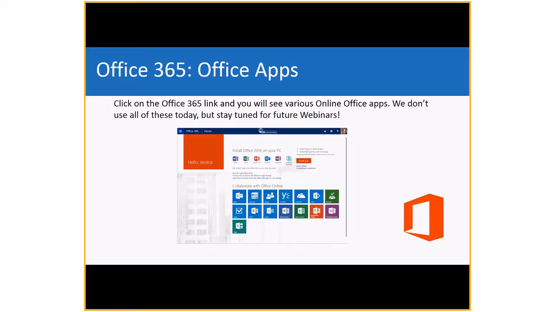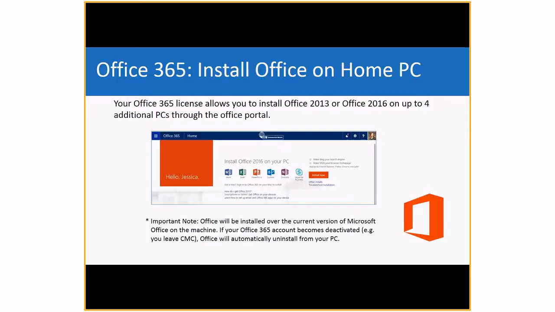One of the things you will notice on having an Office 365 account, so if you have a CMC email, you will have an Office 365 account, is that you can install Office 2013, or you can go ahead and try Office 2016 on up to 4 additional PCs. This is not including your CMC PC.